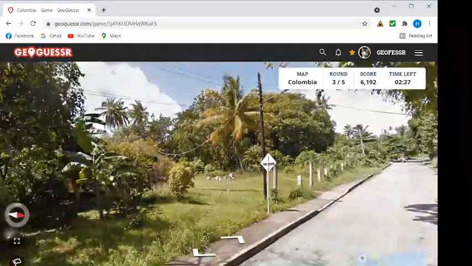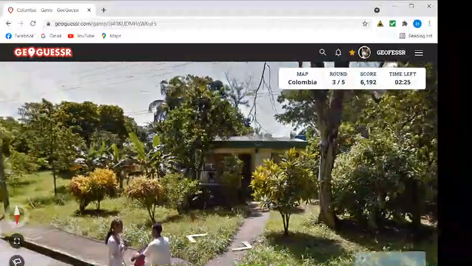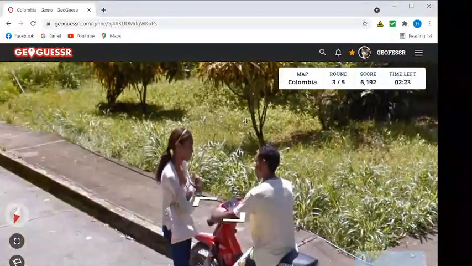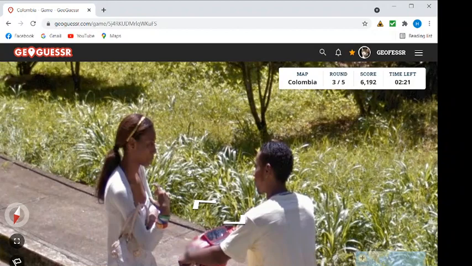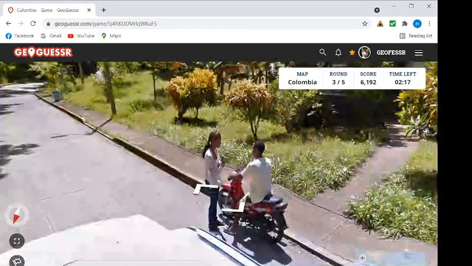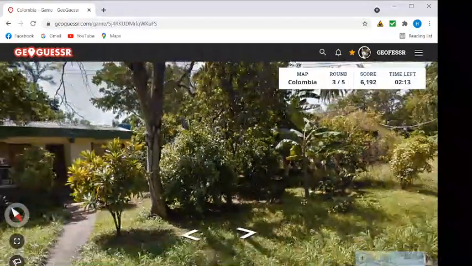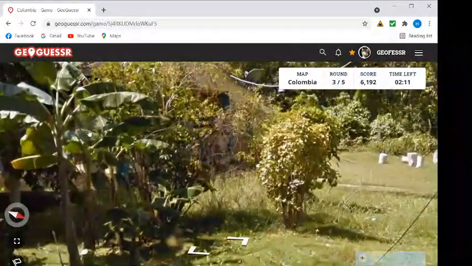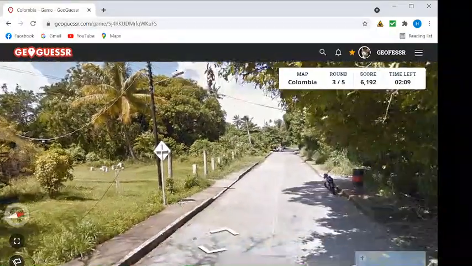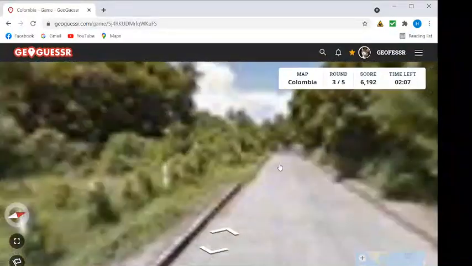Yeah, so I think this is lowland. It's not Guajira. Guajira would be dry. We have these people. We have bananas again, showing that we're at lower elevation.